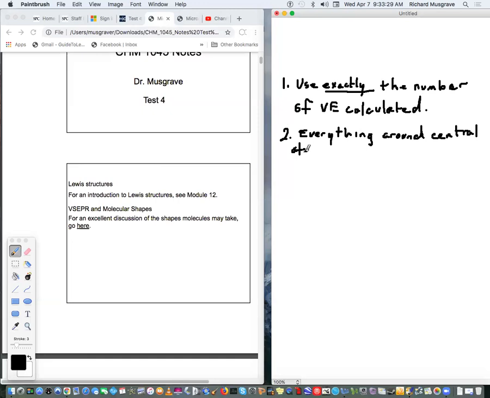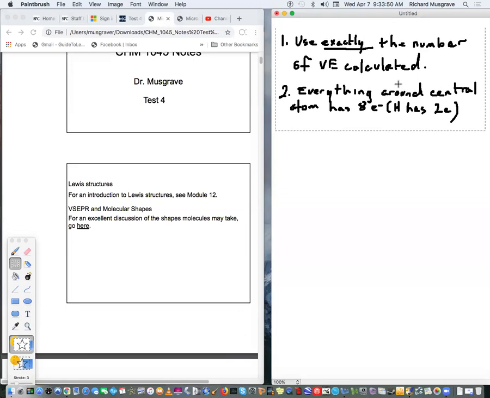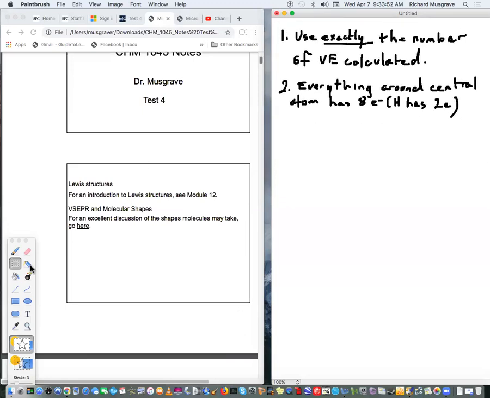Everything around the central atom has 8 electrons. H has 2 electrons. We know this.